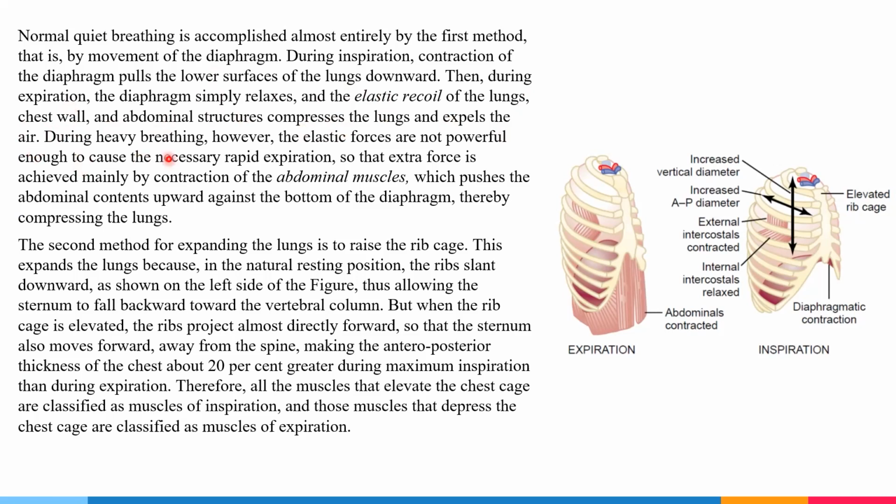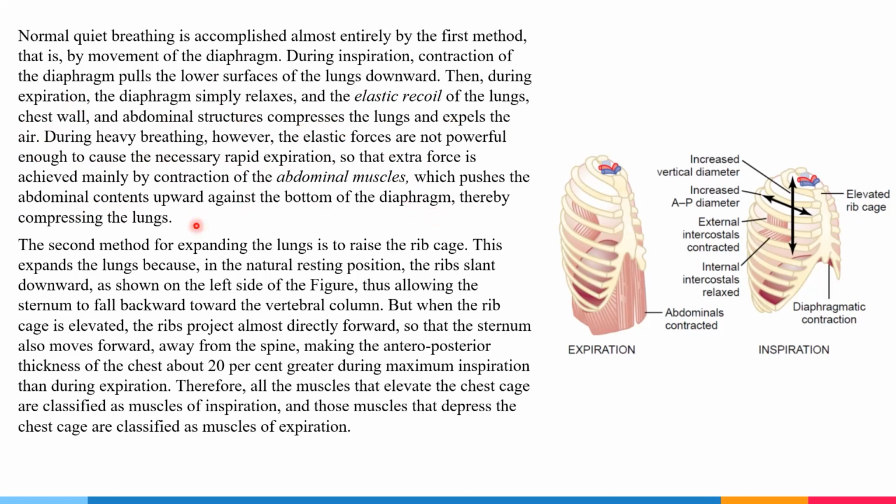During heavy breathing, however, the elastic forces are not powerful enough to cause the necessary rapid expiration. So that extra force is achieved mainly by contraction of the abdominal muscles, which pushes the abdominal contents upward against the bottom of the diaphragm, thereby compressing the lungs.